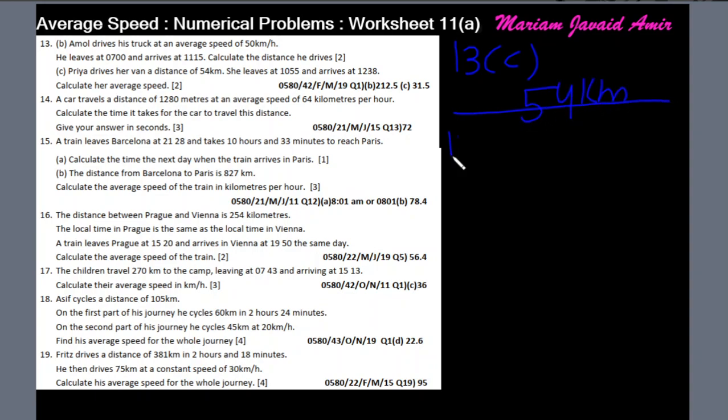She leaves at 10:55 and arrives at 12:38. Calculate her average speed. So again we need the time lapsed between 10:55 and 12:38.